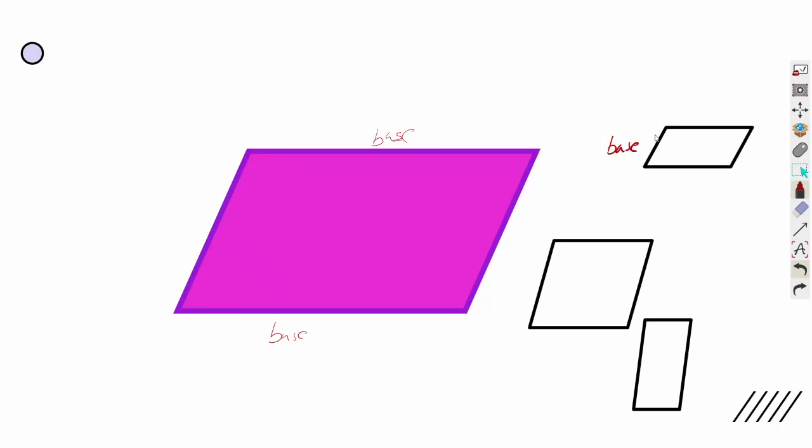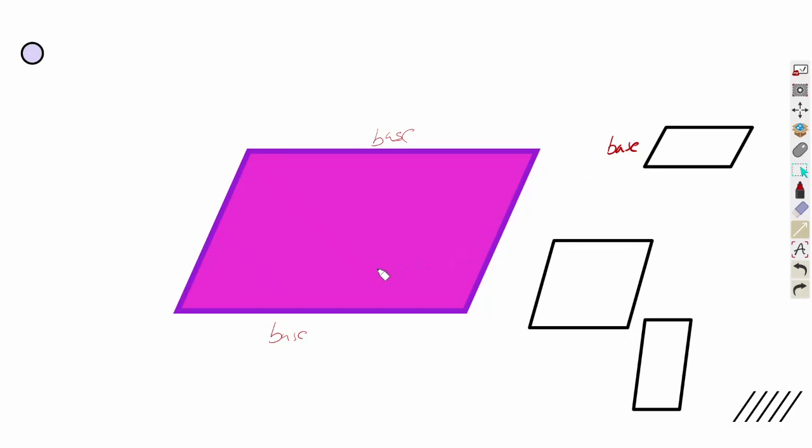Then the height must be from here to here. Sorry, I will take this and draw. The height must be a perpendicular drawn from this base to the height. But the base is having an inclination, correct? But one should understand the height must be from the base to the opposite side.